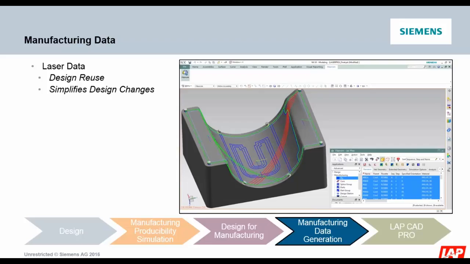And if something happens from a design standpoint, there's a design change that comes through, it doesn't take days to get that back out the door to the manufacturing floor. It's simple enough with an automated design process such as FiberSim presents to be able to make those changes, regenerate the data, and get it back out to the manufacturing floor.